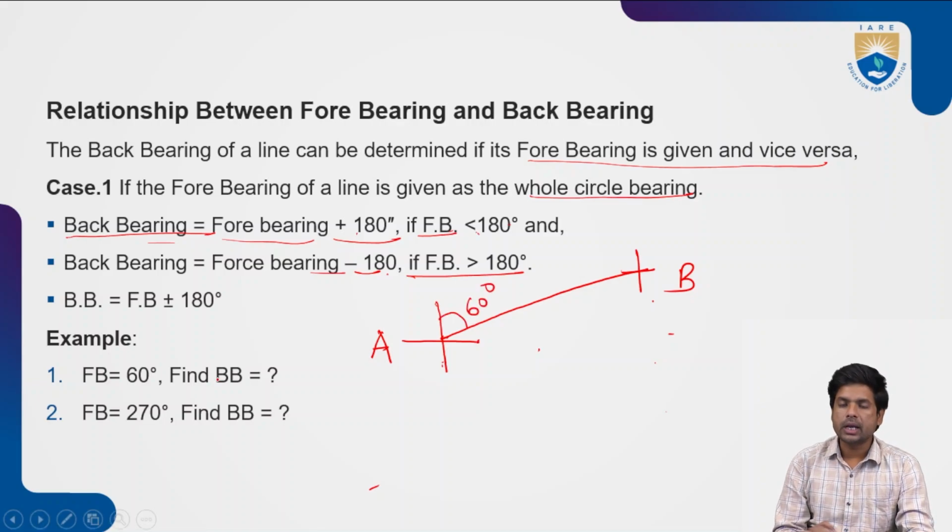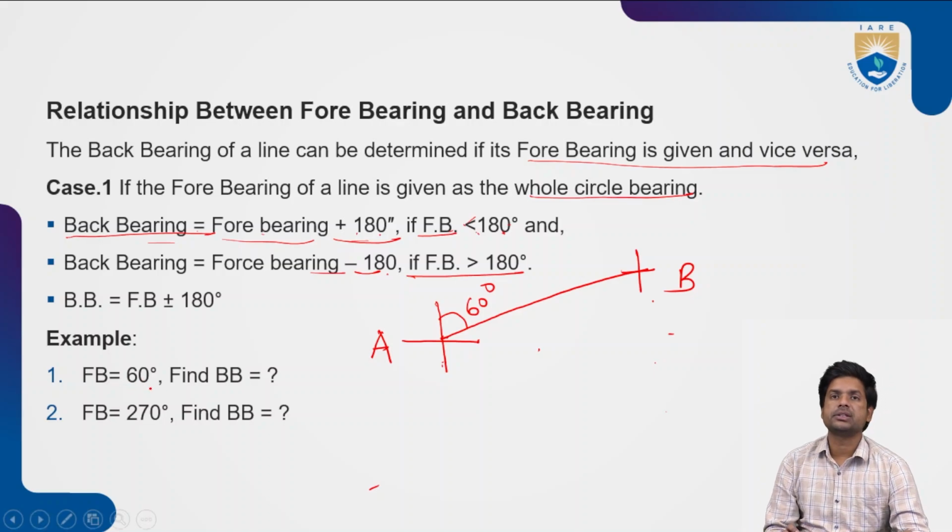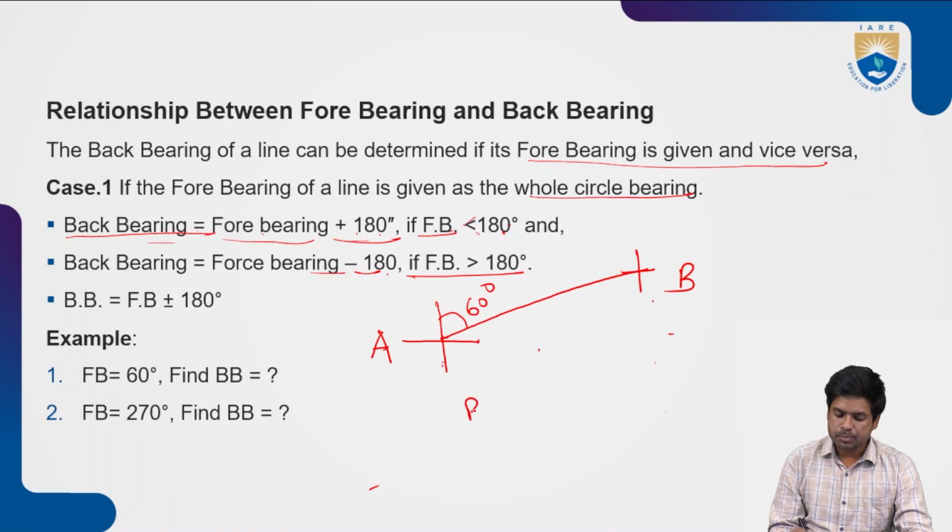So now how to calculate the back bearing? See, the first case here, back bearing is equals to forebearing plus 180 degrees. That means whenever it is less than 180 degrees, we are going to use this formula. So now here the forebearing value is 60. That means it is less than 180 degrees, right? So now the formula is back bearing is equals to forebearing plus 180 degrees.